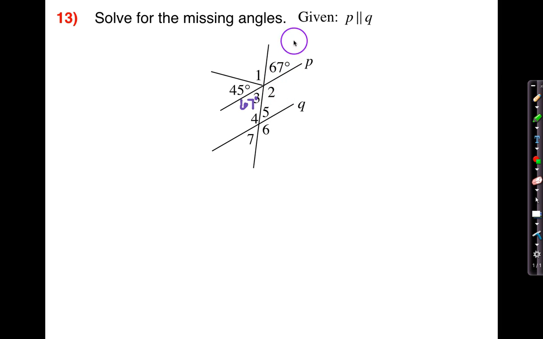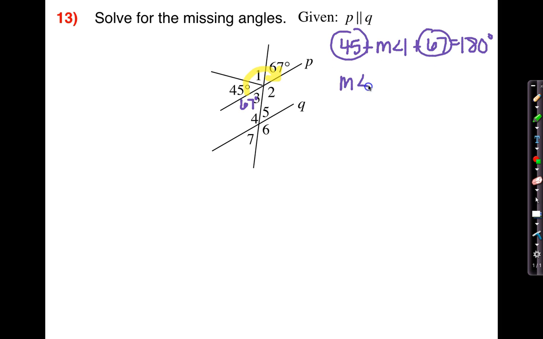So now what I'm going to do is go ahead and use some knowledge about supplementary angles. All of these angles form a straight line, so that means 45 plus the measure of angle 1 plus 67 should equal 180 degrees. So I just added all of these three angles. Here I'm going to combine like terms and be left with the measure of angle 1 plus 112 equals 180 degrees.